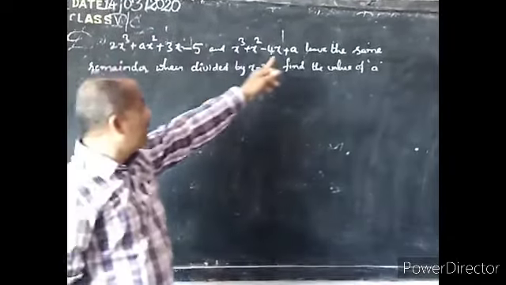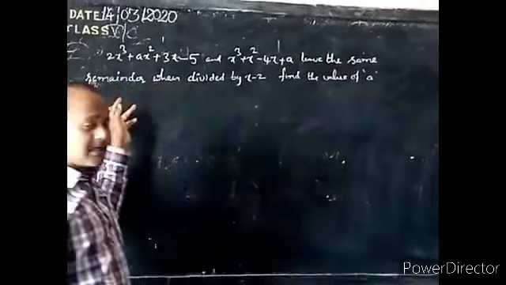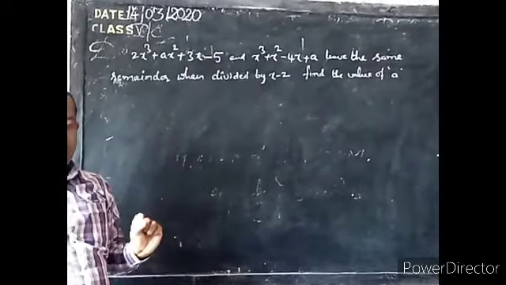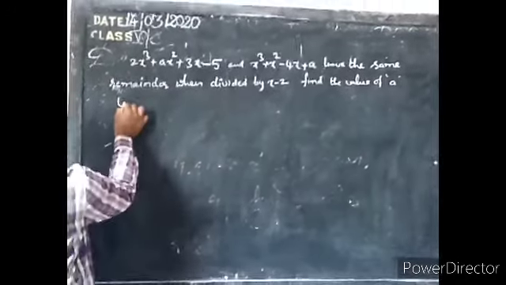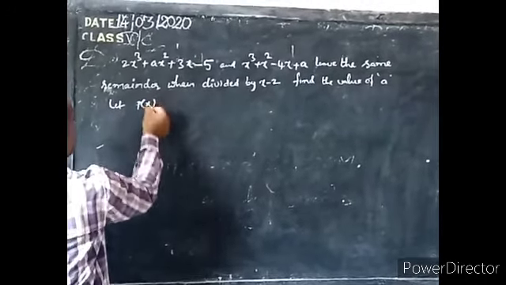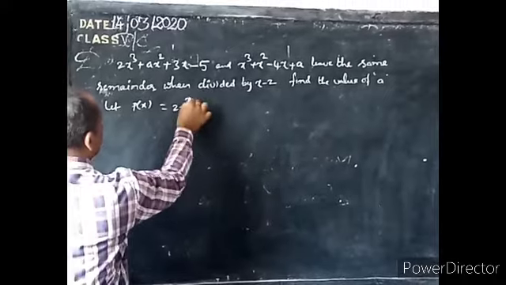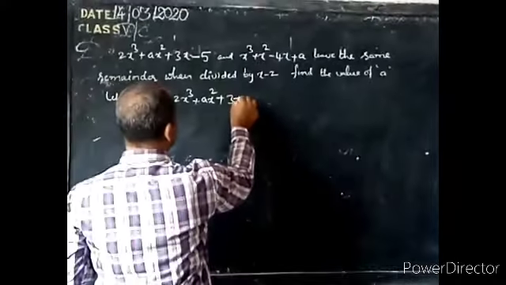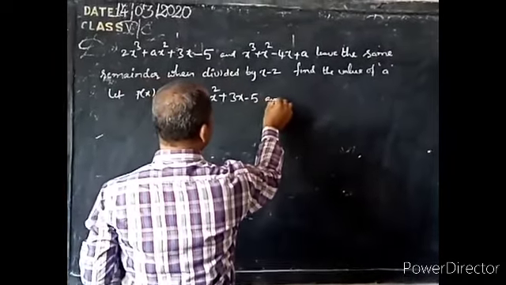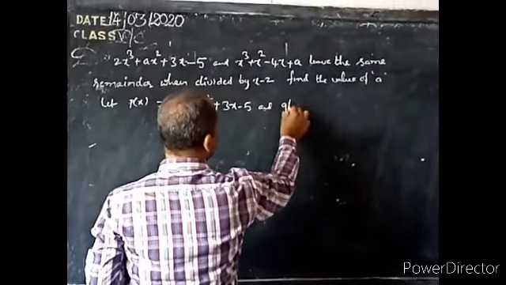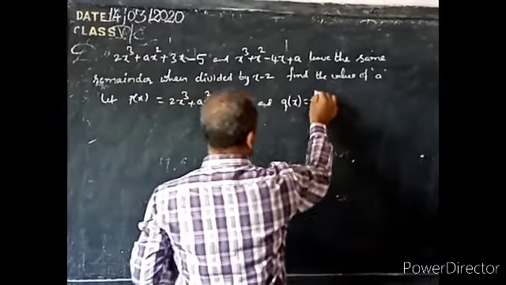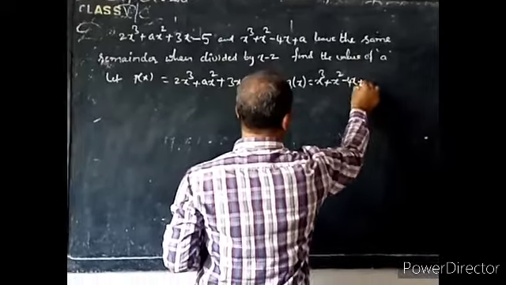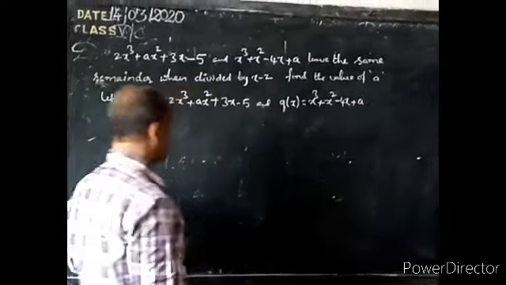Same remainder means remainders are equal. Let p of x equals 2x cube plus ax square plus 3x minus 5 and q of x equals x cube plus x square minus 4x plus a.